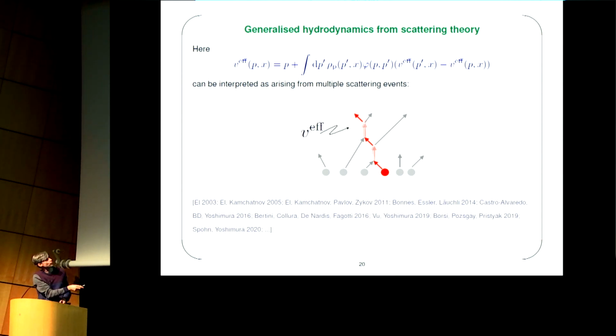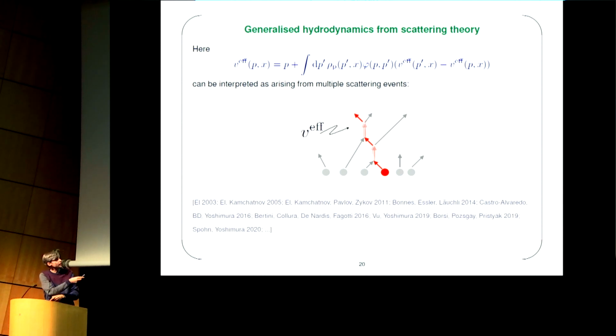Where does this equation come from? Well, it has a very simple picture. Imagine your particles going around and accumulating time delays or phase shifts, and you assume that they accumulate them in well-separated processes. It goes some distance with its bare velocity, accumulates a time delay, goes some distance, accumulates a time delay, and overall it accumulates some overall velocity, which is different from its bare velocity, say the momentum p.